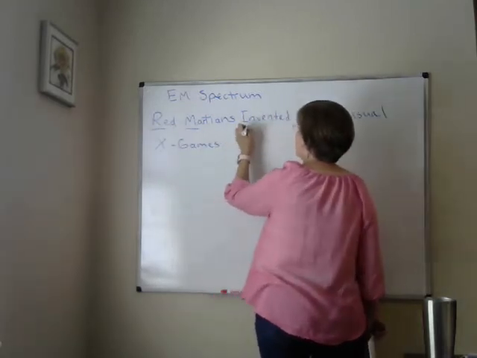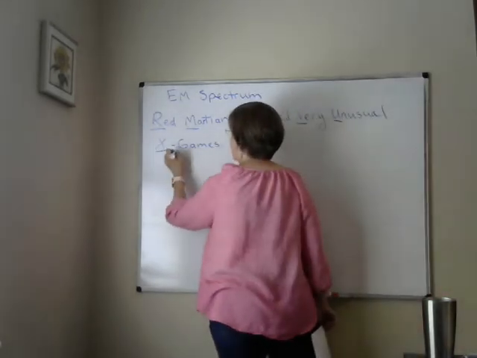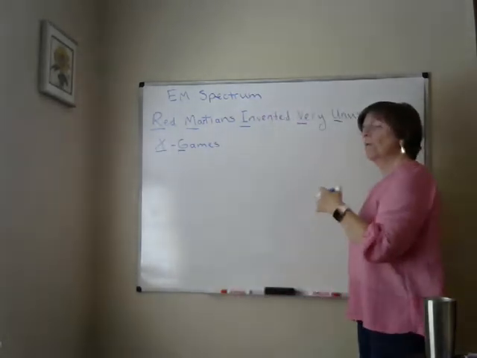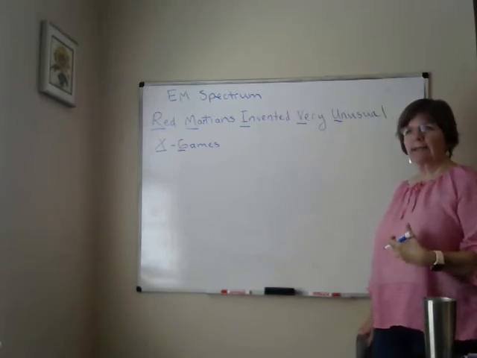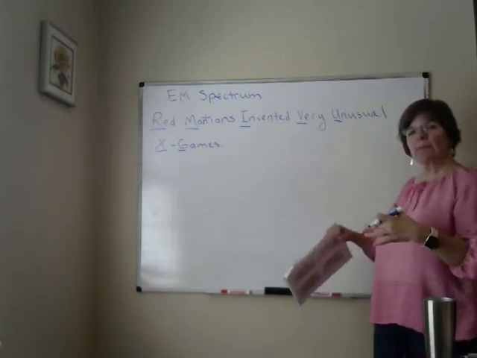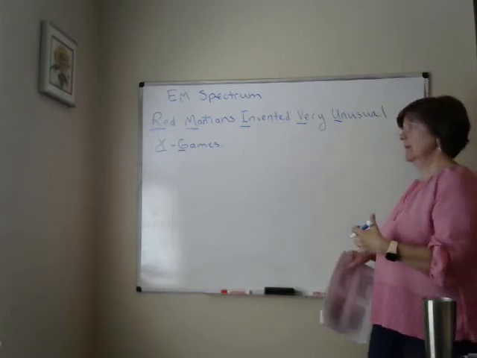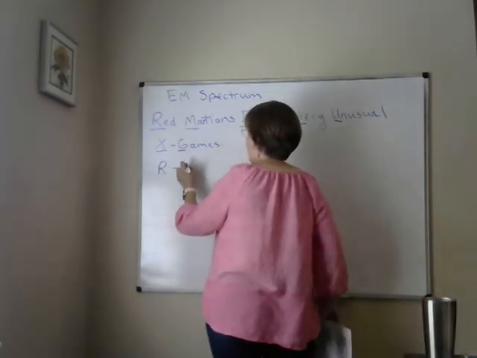Those letters of red Martians invented very unusual X games tell us the order of the electromagnetic spectrum and the different types of electromagnetic radiation that we talk about. I'm going to give kind of a brief overlay of all of them, but I'll go ahead and tell you what they stand for. R is for radio waves.